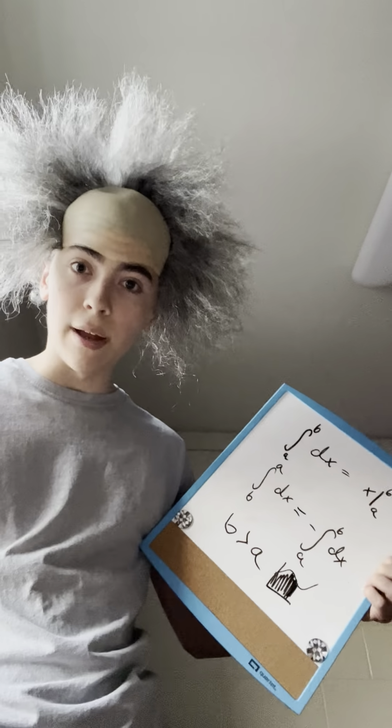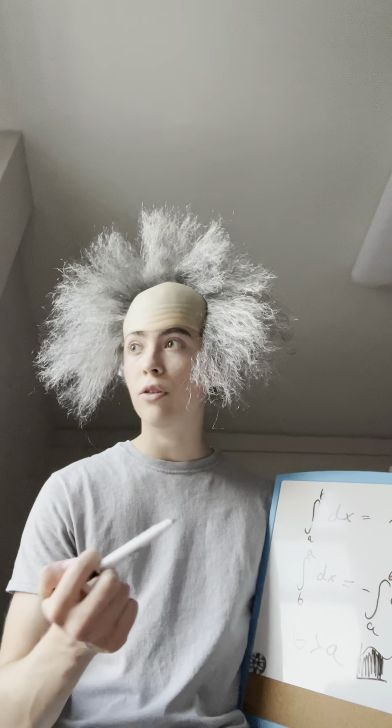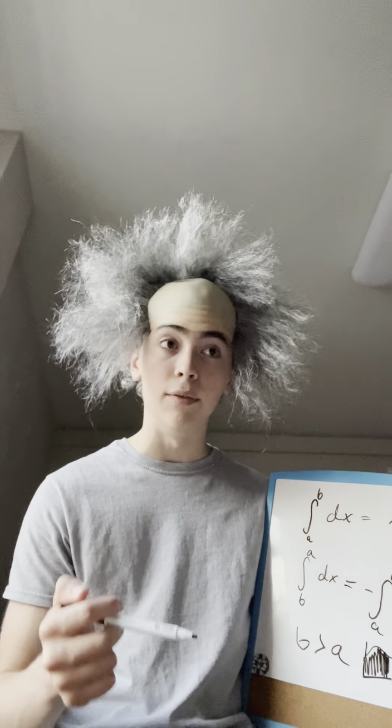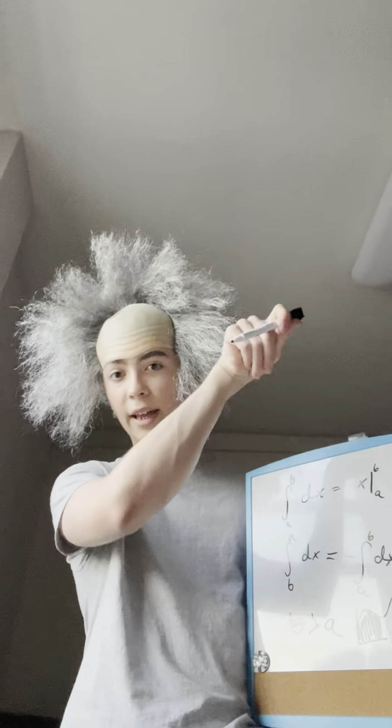And if you think about your antiderivative, you know how the area of our function is directly given by how our antiderivative changes. If we go from here to there, our antiderivative is going to change like that, so our area is going to increase. But if we go from here to here, our antiderivative is going to change this way, and so our area is going to dwindle, right?